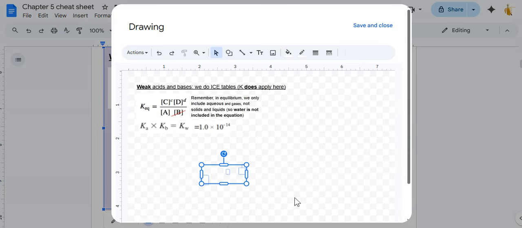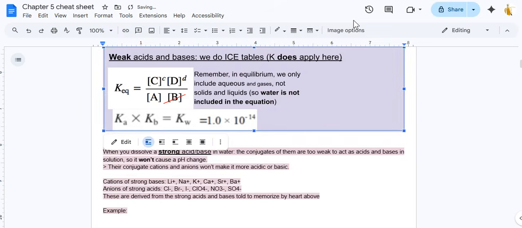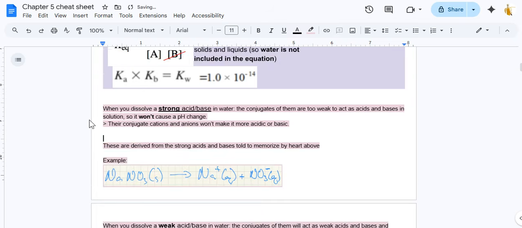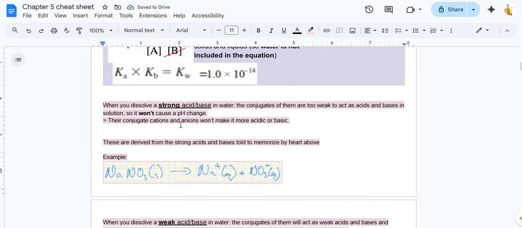Oops. And same thing with, I know I can derive these from over here. Maybe I'll keep that strong acid base don't have an effect.